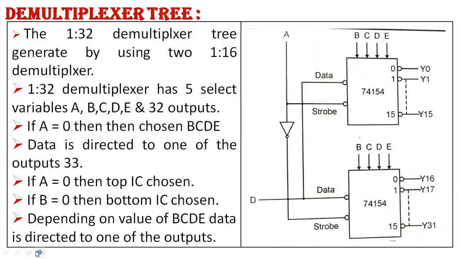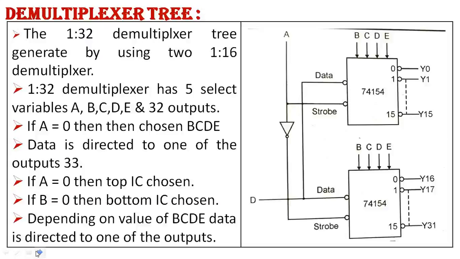Now the next concept is the demultiplexer tree. Here we use the 1 to 16 demultiplexer to generate the 1 to 32 demultiplexer. So we use the IC 74154. So the 1 to 32 demultiplexer tree is generated using 1 to 16 demultiplexers. The 1 to 32 demultiplexer has 5 select variables A, B, C, D, E and there are 32 outputs.